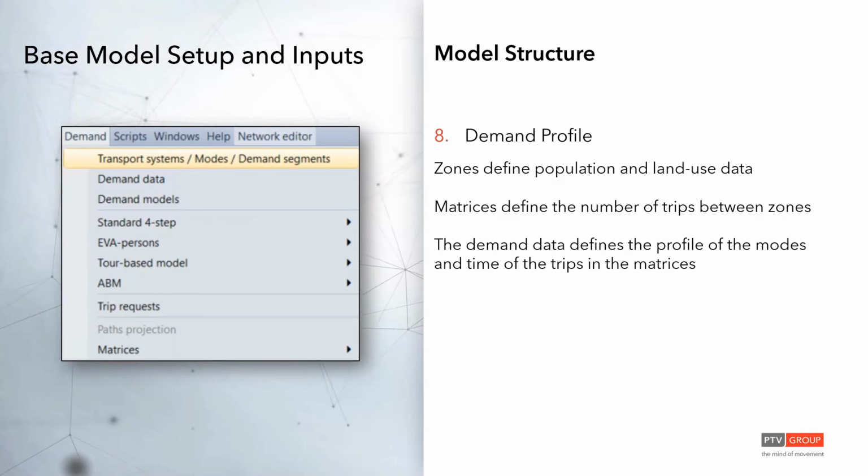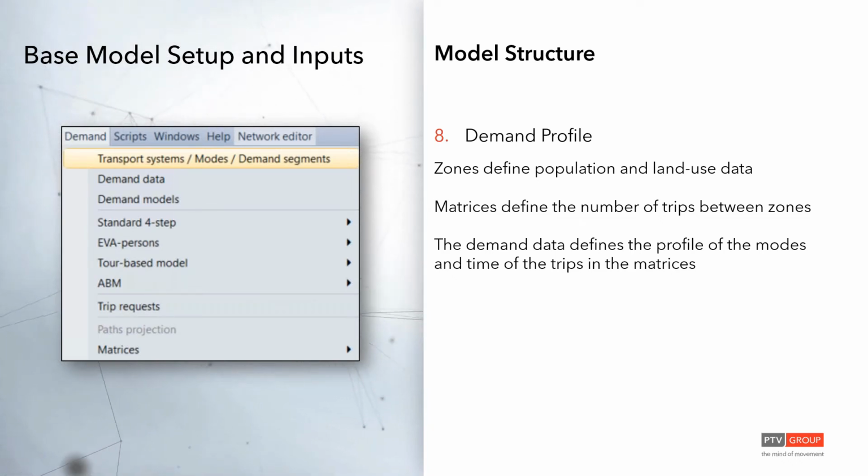Okay, so once you have your trip table matrices ready, the next step is to assign those trip tables to the actual network. And to do that, you use the demand profile element of the Visum model structure.